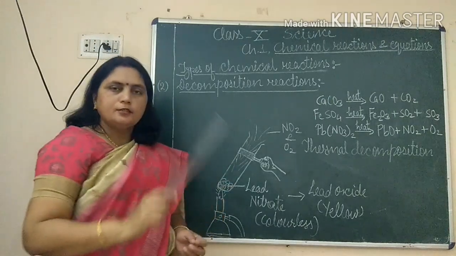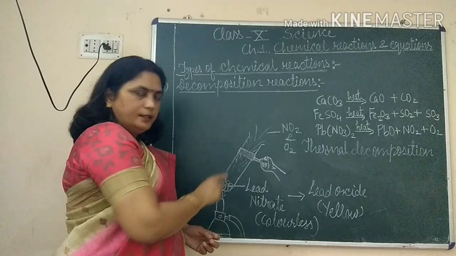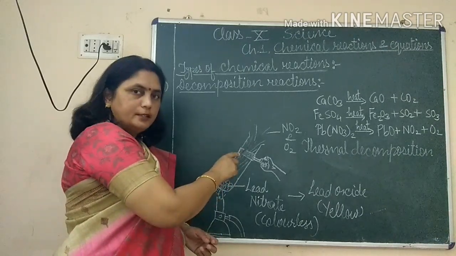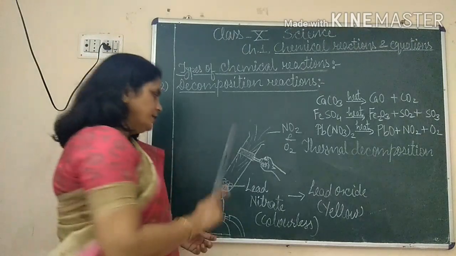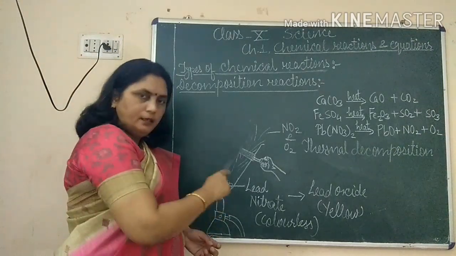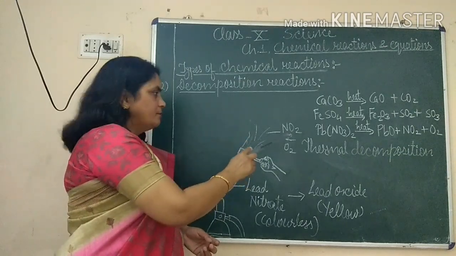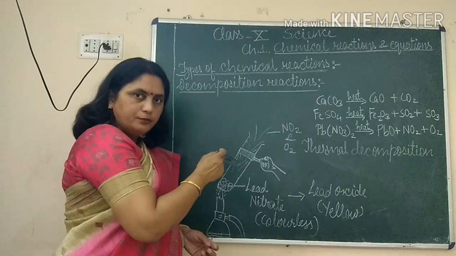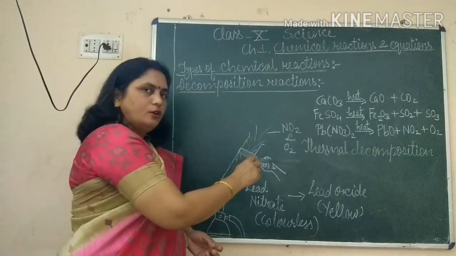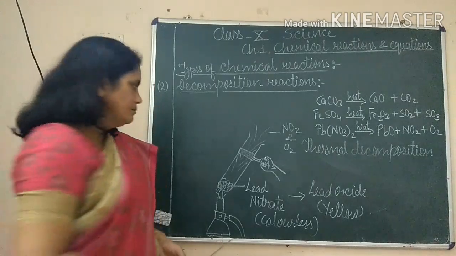Now when this small splinter is brought in contact with the gas coming out from the test tube, this splinter catches fire. So it shows that from the boiling tube, 2 gases are coming out. First is nitrogen dioxide, because of which the brown fumes are there, and second is oxygen, because of which the splinter catches fire.